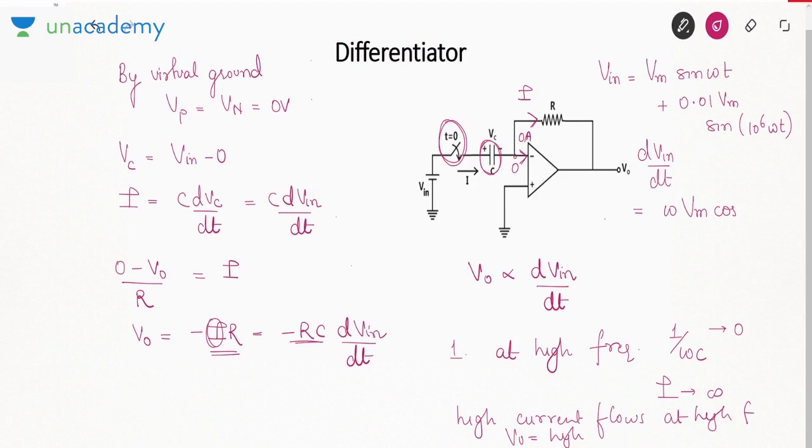Omega Vm cos omega t plus this 10 to the power 6 will come outside into 10 to the power minus 2, that is 10 to the power 4 omega Vm cos 10 to the power 6 omega t. Now see, the noise amplitude is much higher as compared to the signal amplitude. So what does it mean? The noise will get amplified at the output and it may become higher than the signal itself, and that is undesirable. So this circuit has a disadvantage.